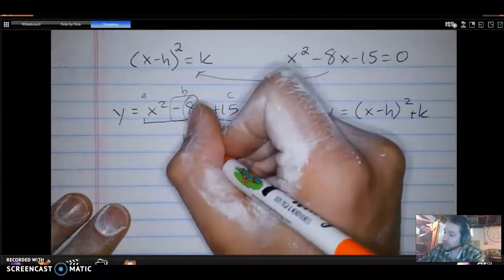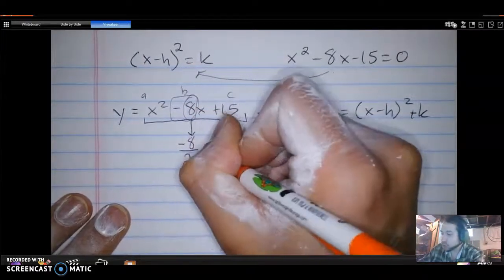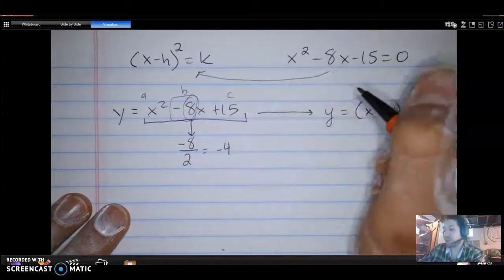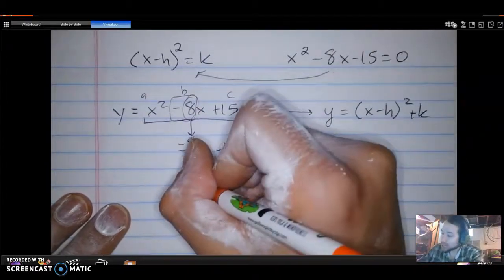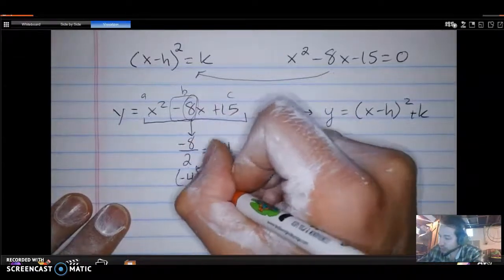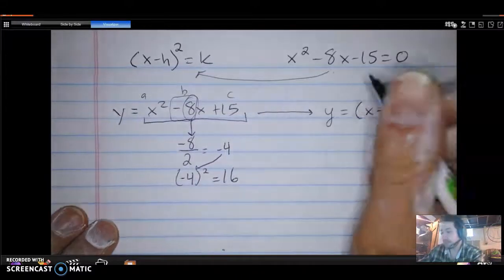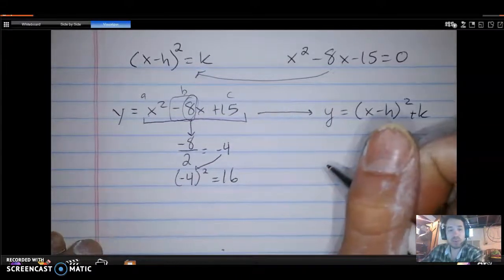We take negative 8 divided by 2, which is negative 4. Then we square negative 4, which gives me 16. This number is very, very important.